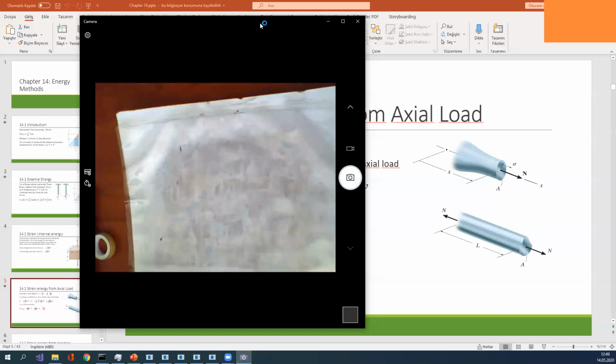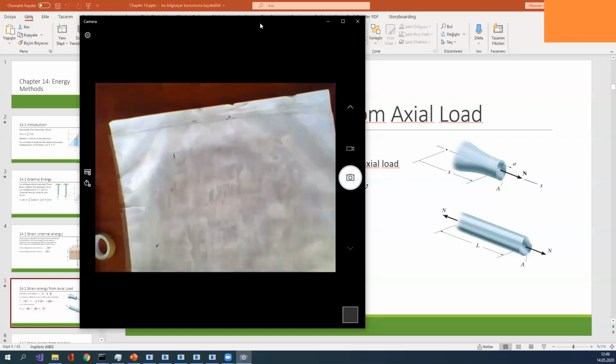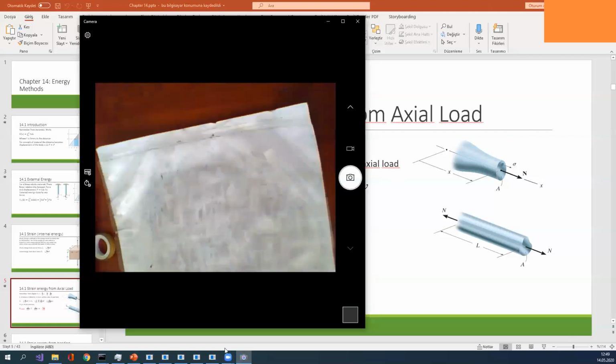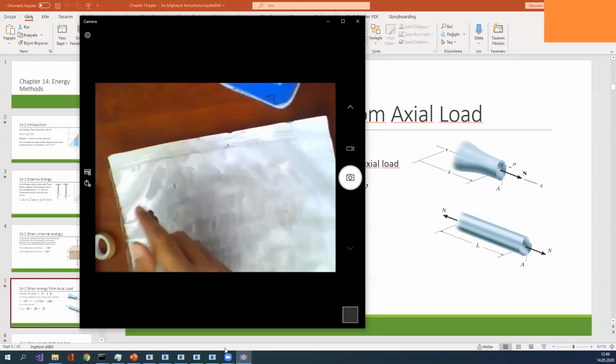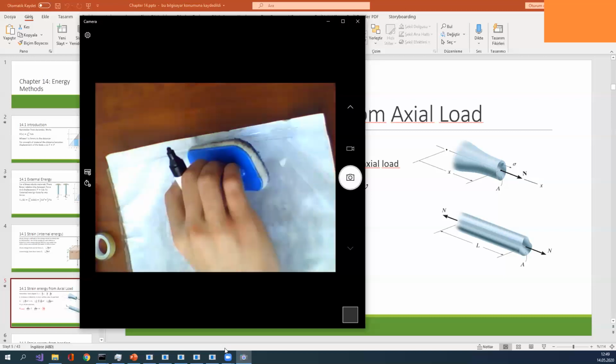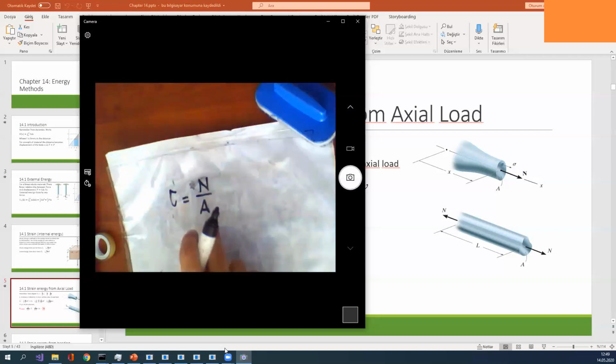Maybe you remember in chapter 1 or 2, I can't remember, in strength of materials, chapter 2, sigma is equal to, due to axial load, P divided by A, but I want to use N notation instead of the force, the normal force divided by A. It's a typical formulation.